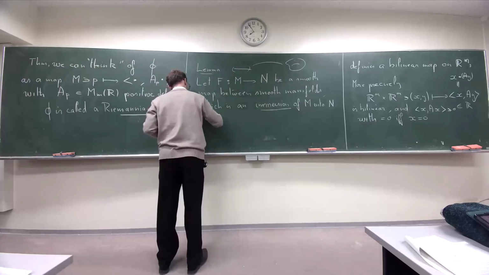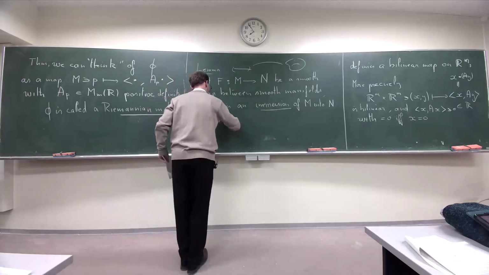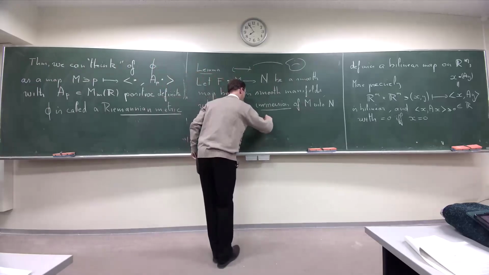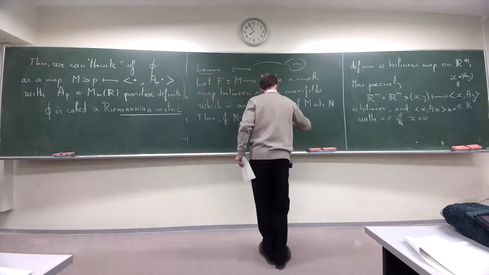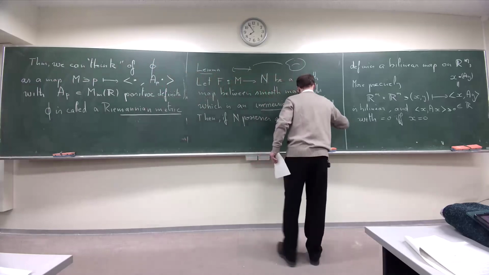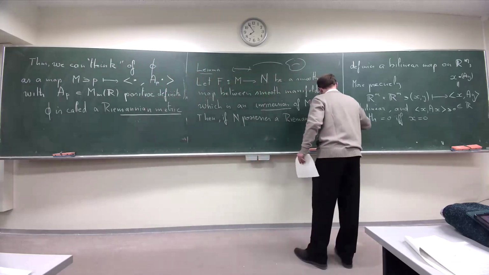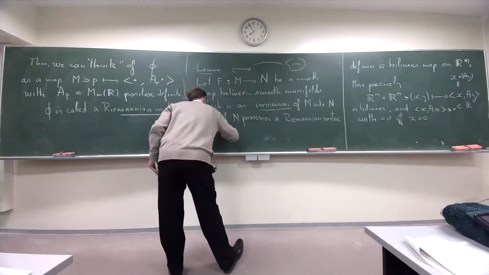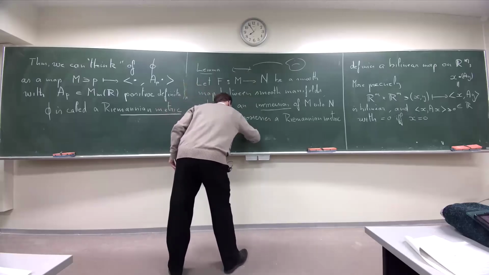So then, if N possesses a Riemannian metric, phi, then the pullback, it's always the same.